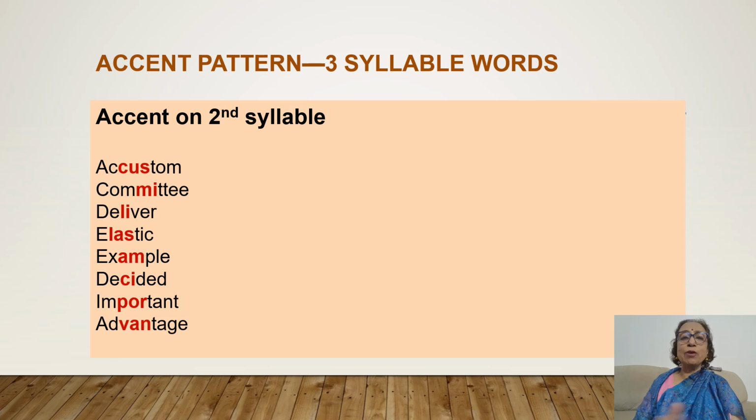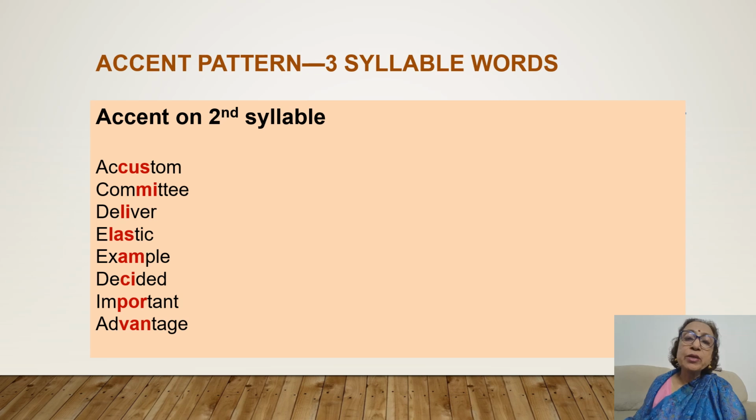You can easily make out because here you have a syllable in front, a syllable at the back in black color, and the red in the middle is the central syllable which is accented. Example, the middle syllable. Decided, again the middle syllable. Then you have important, again middle syllable.